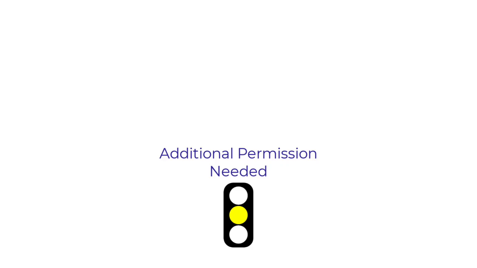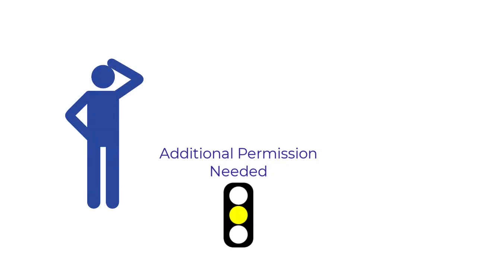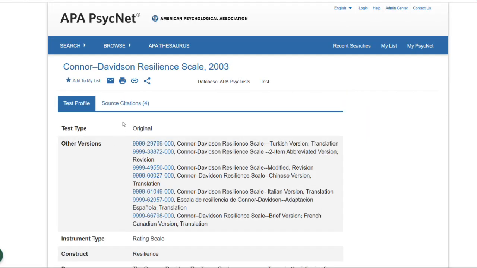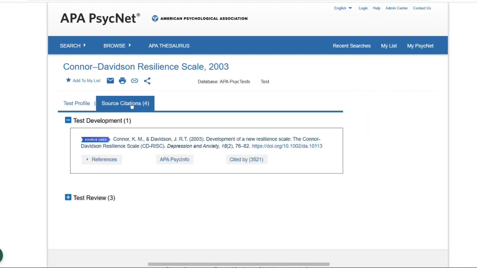Some types of test use are not automatically prohibited, but they're not automatically permitted either. If you're not sure whether your planned use is covered under the "may use for research or teaching" permission, it's best to contact the publisher. You can find publisher details in the source citation field.